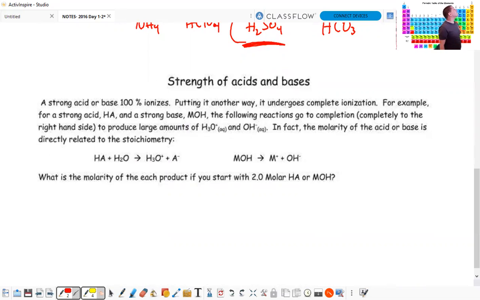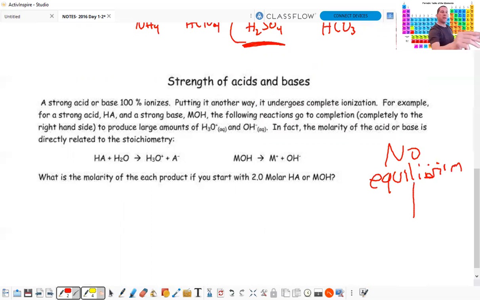Okay, so a strong acid or base 100% ionizes. Remember back to our net ionic equation, that means it's an electrolyte. Putting it another way, it undergoes complete ionization. For example, for the strong acid HA and the strong base MOH, the following reactions go to completion, completely to the right-hand side. In other words, no equilibrium.